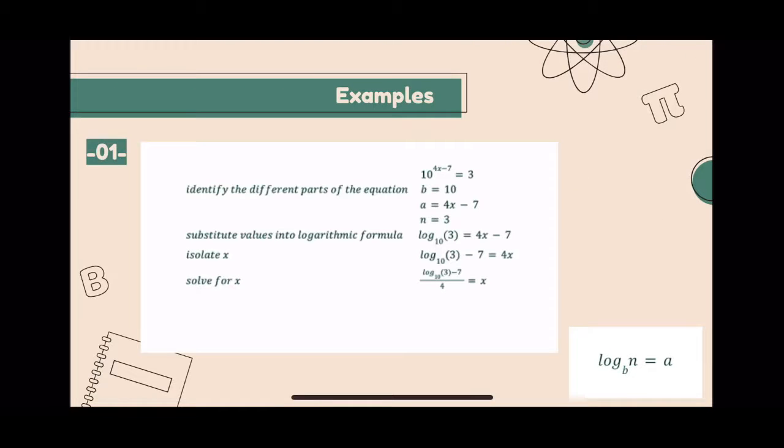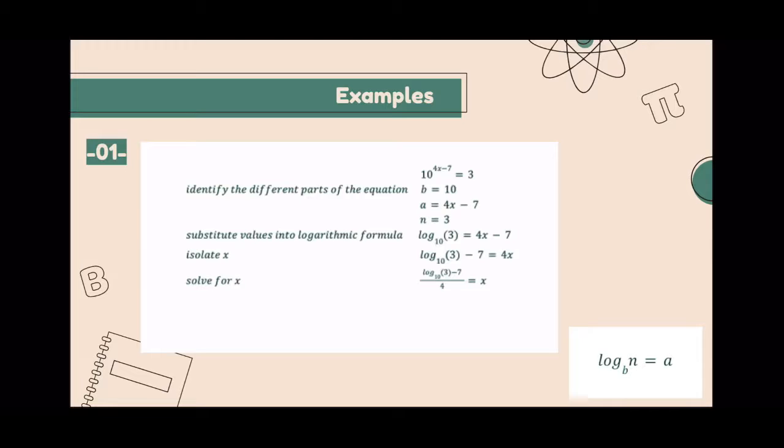After learning the basic foundation, you can now solve exponential equations using log. Problem number 1 wants you to solve for x given the equation 10 to the power of 4x minus 7 is equal to 3. Before you begin solving, you have to identify the different parts of the equation.